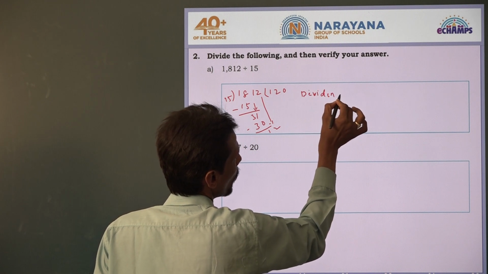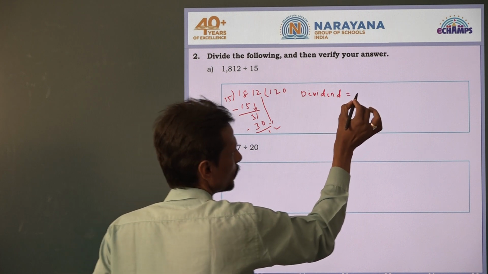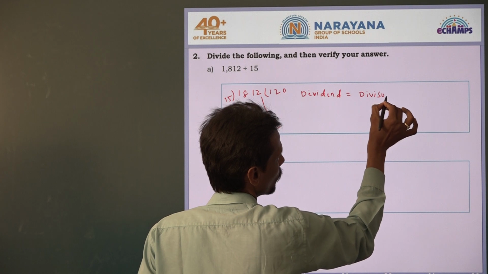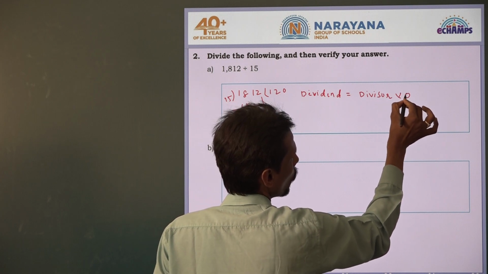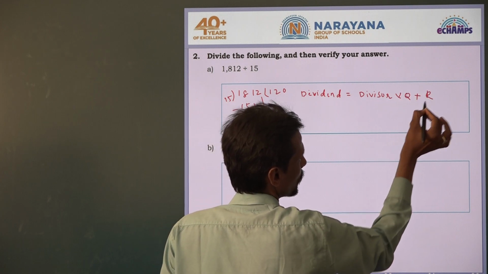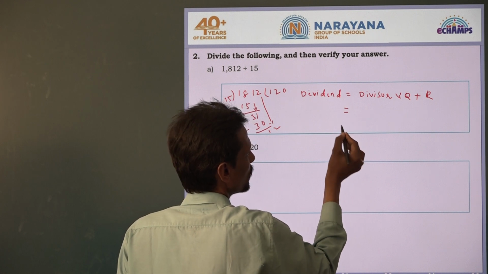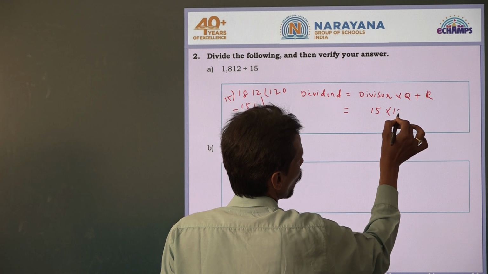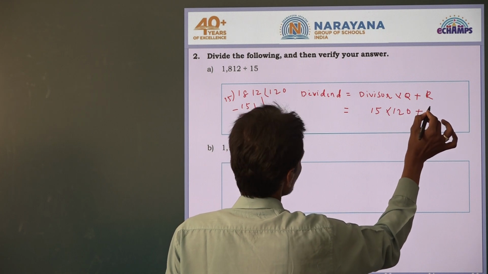Dividend is equal to divisor into quotient plus remainder. Here the divisor is 15 into 120 plus 12.